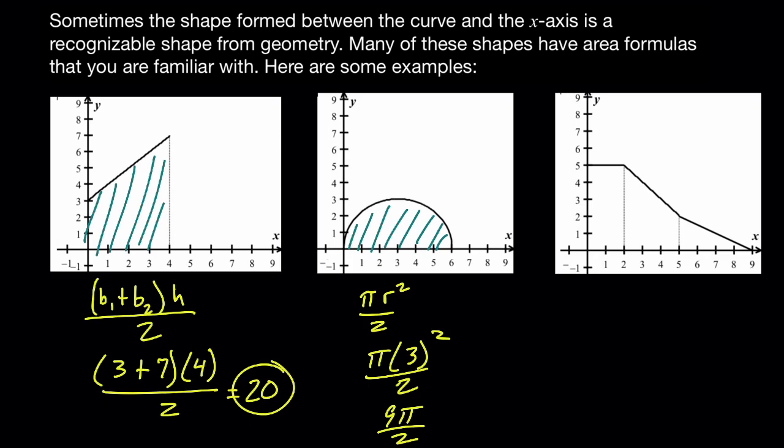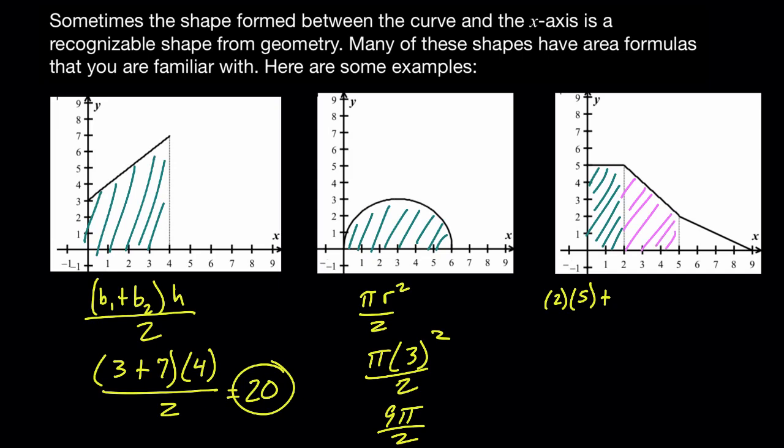So your next one is going to have several sections. You've got this section, which is just a rectangle, which is base times height, plus the next section, which is a trapezoid.